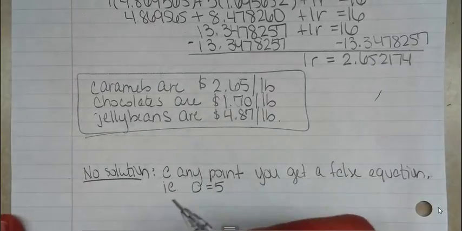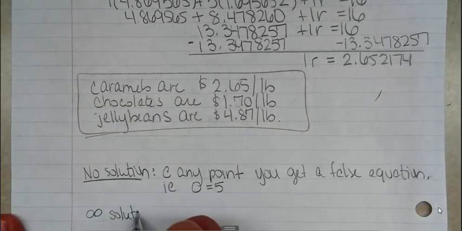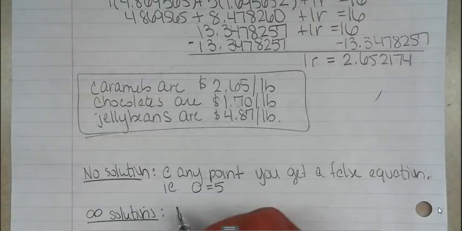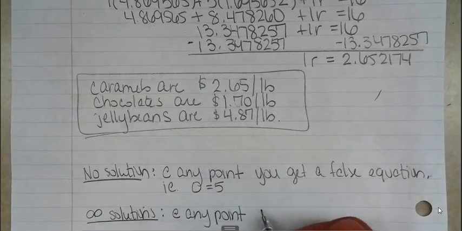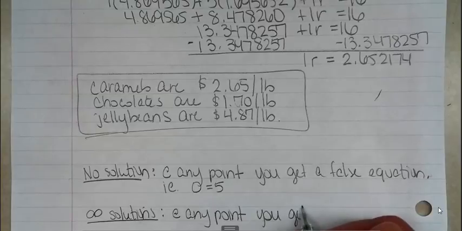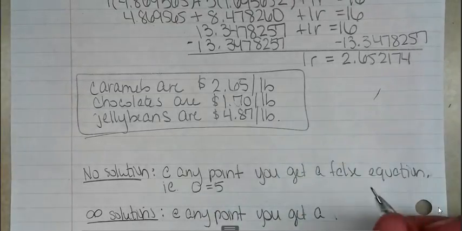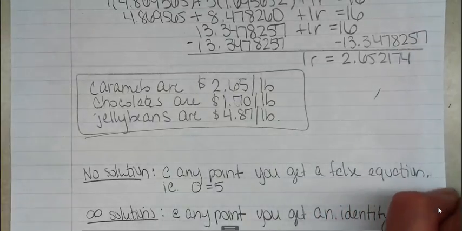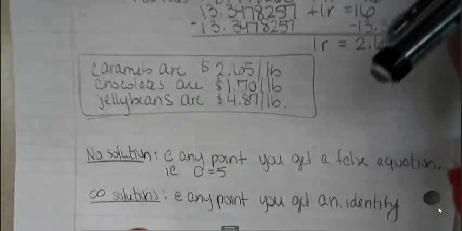The other possible answer is that you get infinite solutions. If at any point you get an identity, then you know that it is an infinite solutions problem.